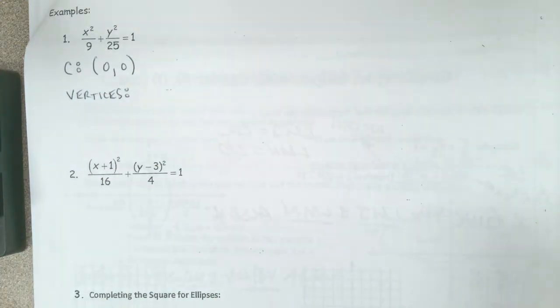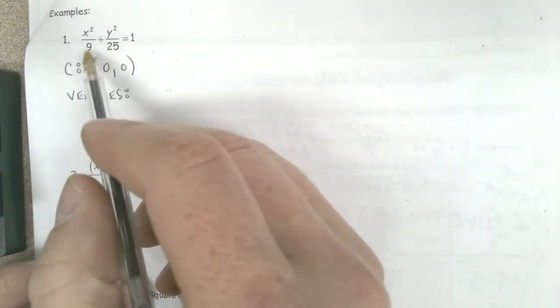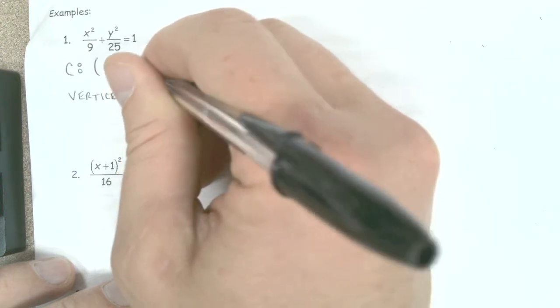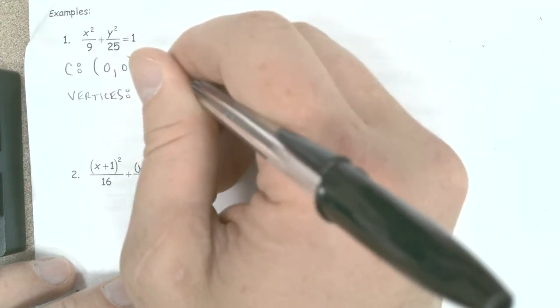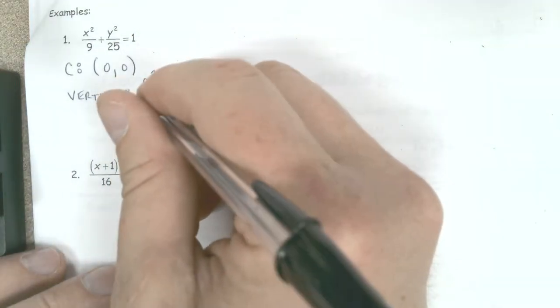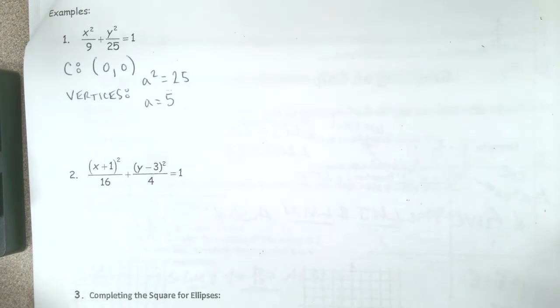So the vertices are represented by our a squared value. So notice here which is the bigger of the two. 25 would be the bigger of the two, so we'd say a squared equals 25. And if we solve for a, we would get that a is 5.